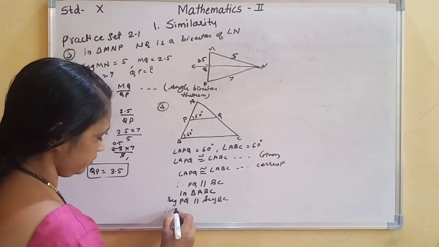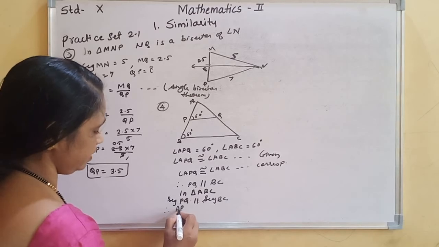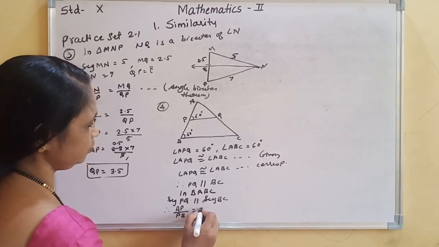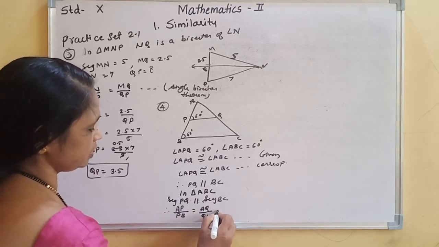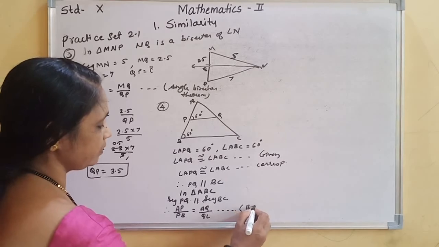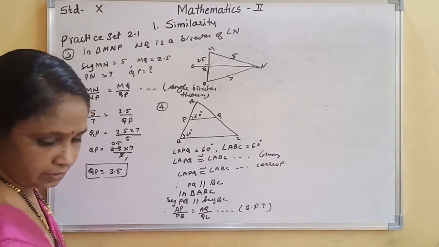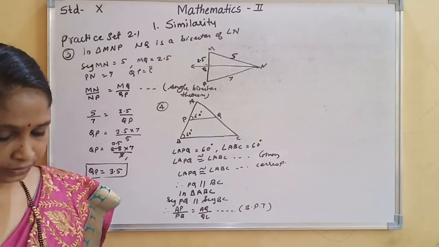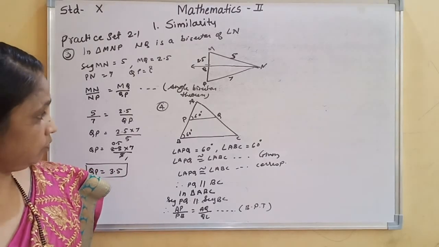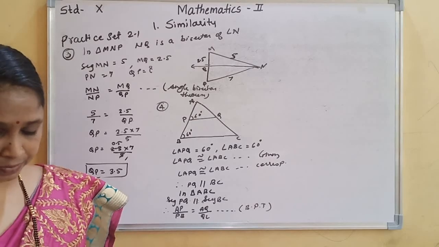Therefore, AP upon PB is equal to AQ upon QC. Why? By the BPT theorem, because of the basic proportionality theorem. Now, the next fifth example we will see.